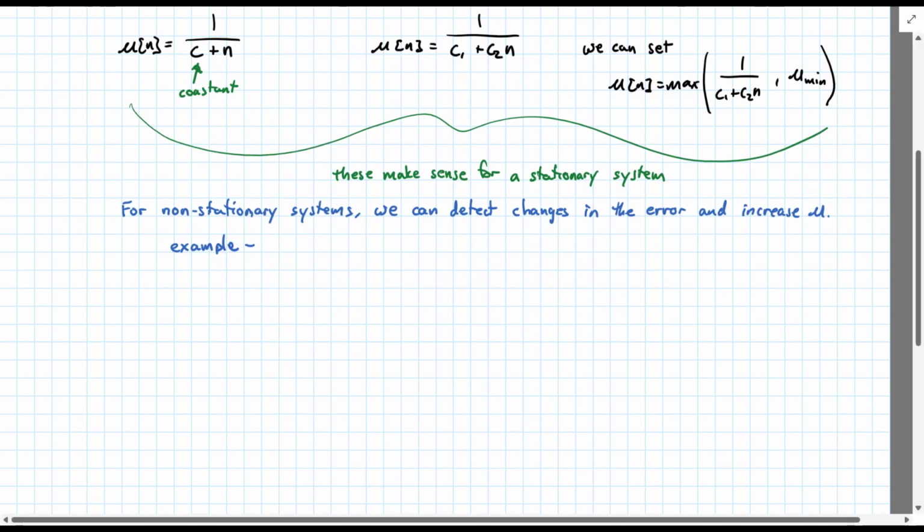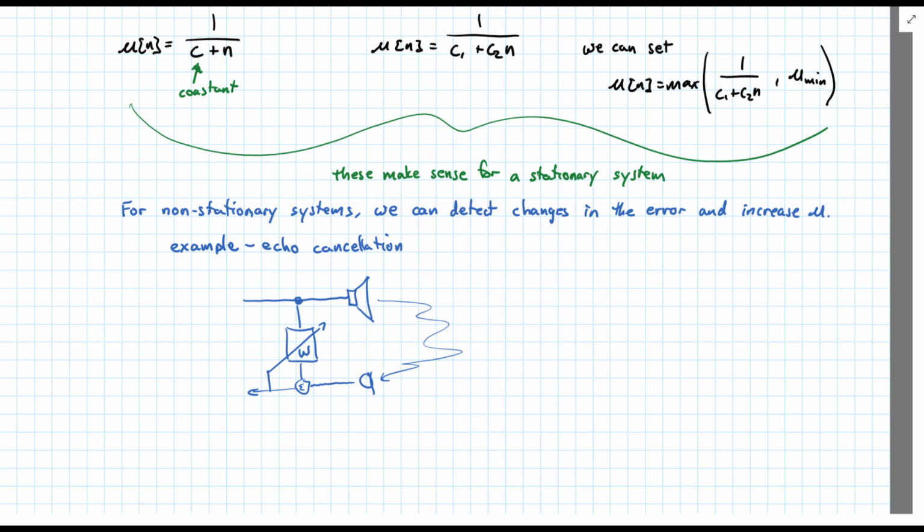This might work better if I drew a picture. In this case, we have our speaker on the top, the microphone on the bottom, and we take our output signal. It is effectively the input into our adaptive filter. The microphone is the desired signal, and we want to predict the desired signal exactly.